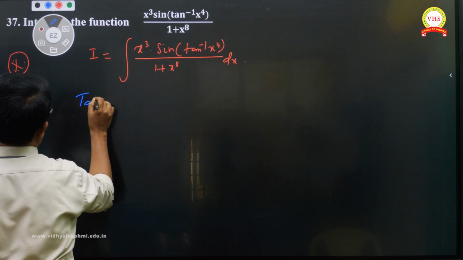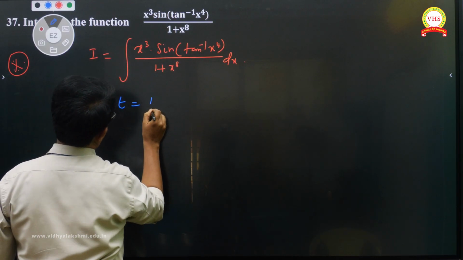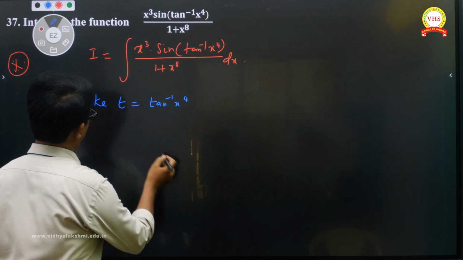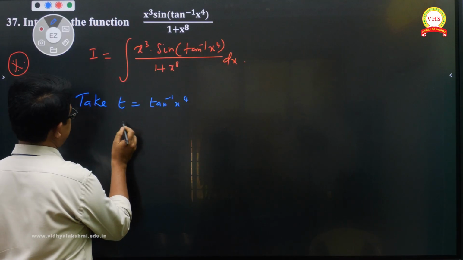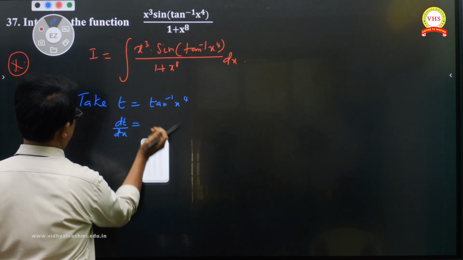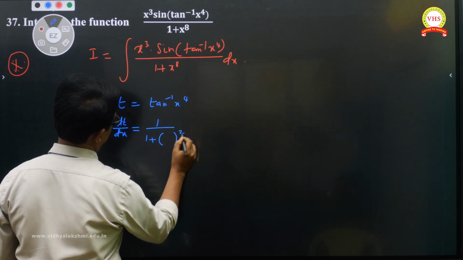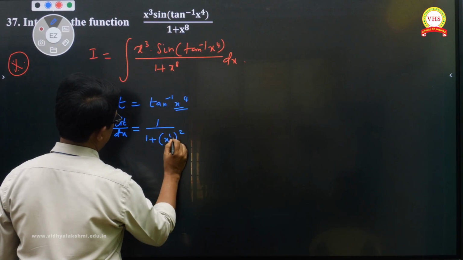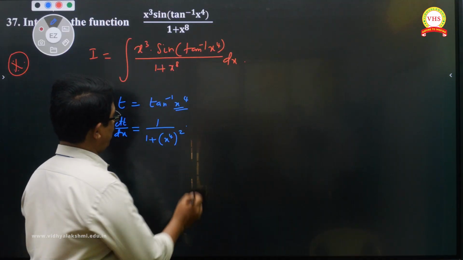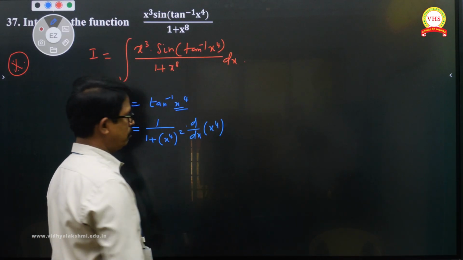t equals what is within the bracket: tan inverse of x power 4. What is the derivative of tan inverse x? 1 by 1 plus x square. With the same methodology, dt by dx equals 1 by 1 plus x square, with x replaced by x power 4, into the derivative of x power 4.